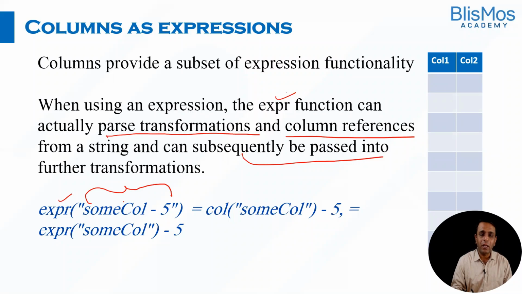Ideally, we are not referring to any col here, but we have provided this as a part of the string. Yet expression is able to parse this transformation and also column references, perform the transformation, and subsequently pass the result of this to subsequent transformations. In the same way, this is also the same thing. Only thing is the way we are referring is different. This is equivalent to col some column - 5, which is also equivalent to this. All these three mean the same thing.